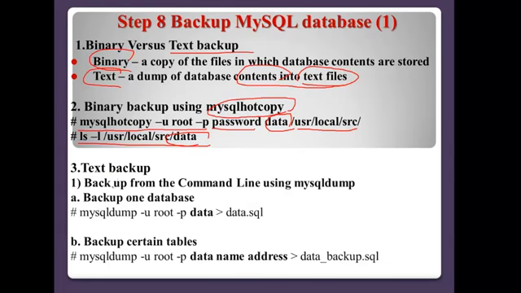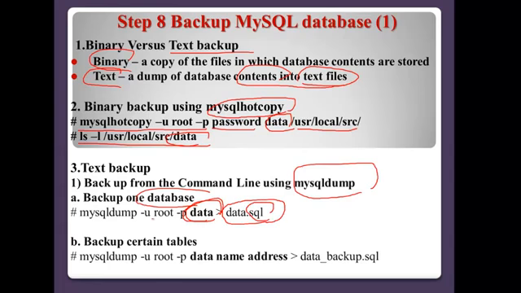For the text backup, first, backup from the command line using mysqldump. First one, backup only one database. In our case, we have data like this. So mysqldump, username, password, and the database name, and after that, we can use data.sql.